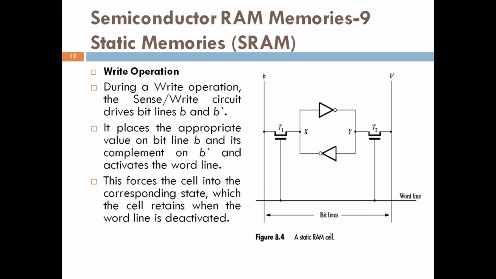This forces the cell into the corresponding state. Now the required signals on the bit lines are generated by the sense/write circuit. This is how the write operation is performed here.